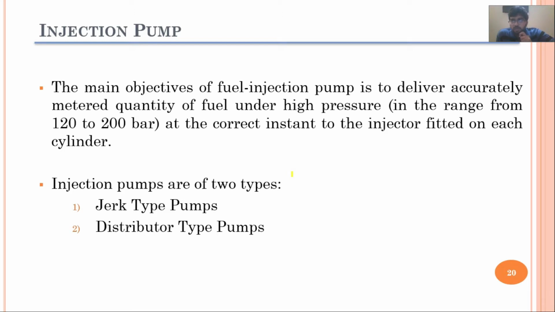They are also responsible for the accurate metering and the correct timely injection of the fuel into the combustion chamber as well. There are two different types of injection pumps which are most commonly being used. First one is the jerk type pump, and the second is the distributor type pump.